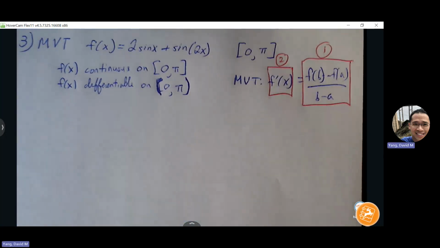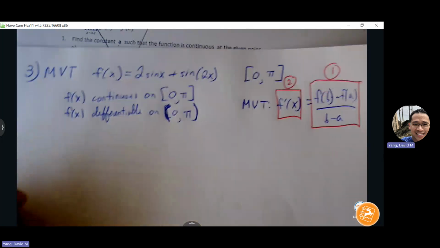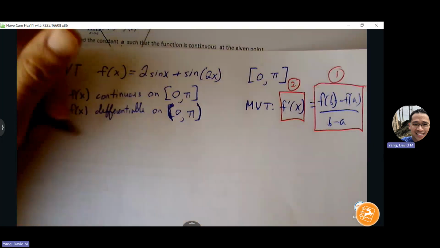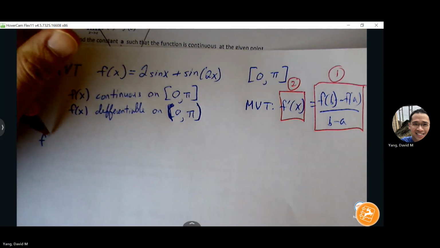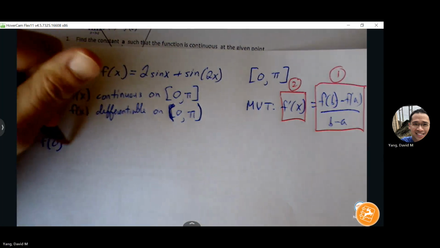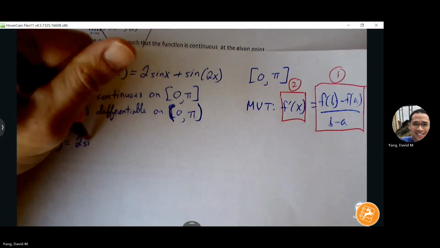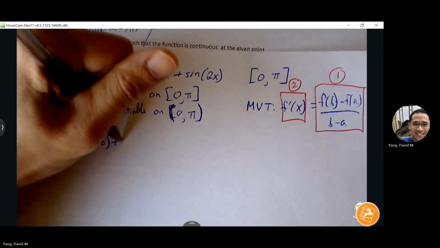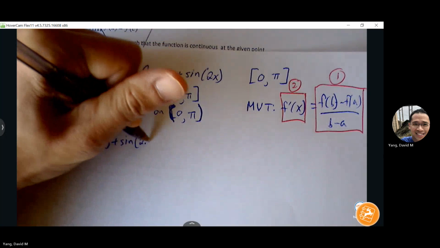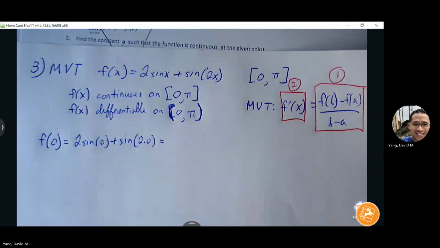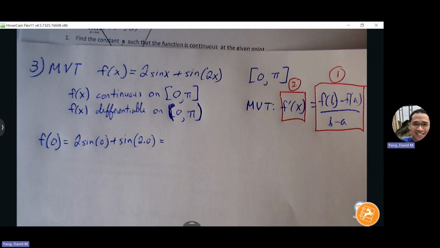Okay, so first things first, let's find the ordered pairs so we can build the slope out of it. Right, f of 0 equals 0.